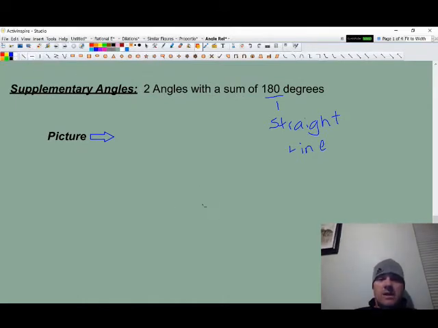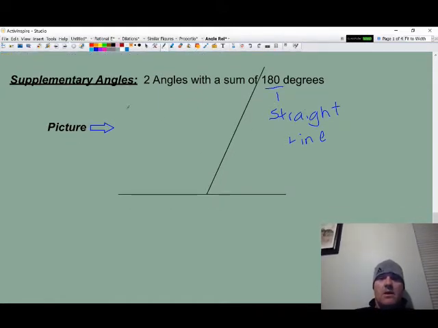It'll look something like this. Put some arrows on the ends, call it good, and that right there creates supplementary angles, angle 1 and angle 2. I know those combine to form a straight line. Therefore, angle 1 plus angle 2 is equal to 180 degrees, because they form this straight line right here.